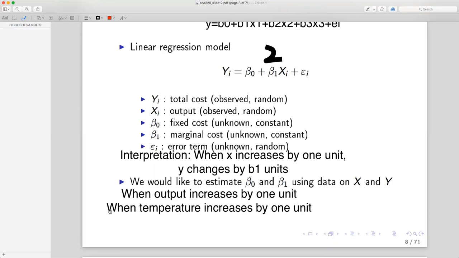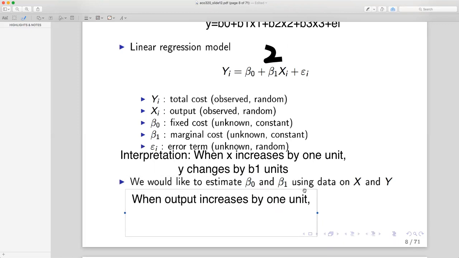That was the example we did in the last chapter. But in this specific case, when output increases by 1 unit, y was your total cost, right? It was positive, so it increases by 2, maybe $2 if this is in dollars.